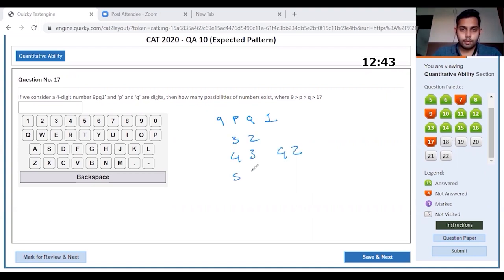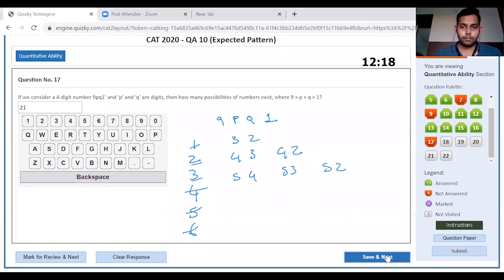If it's 5, it will be 5, 4, 5, 3 and 5, 2. Okay, so it's increasing. So 4 has 2, 5 has 3, 6 has 4, 7 has 5 and 8 has 6. P cannot be 9. So 6, 4, 10, 5, 3, 8, 9, 10, 20, 21 possibilities with this condition.